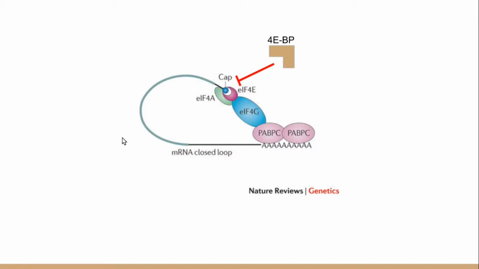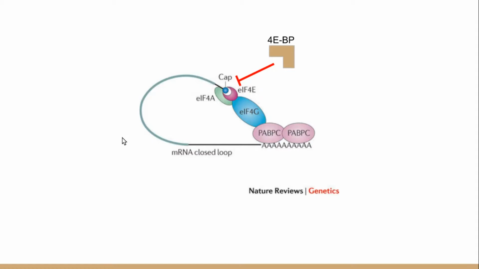The 5' cap recruits eIF4E, and the 3' polyadenylation tail recruits eIF4G. The recruitment of eIF4E is actually considered the rate-limiting step in translation, and it's also the most highly regulated step.